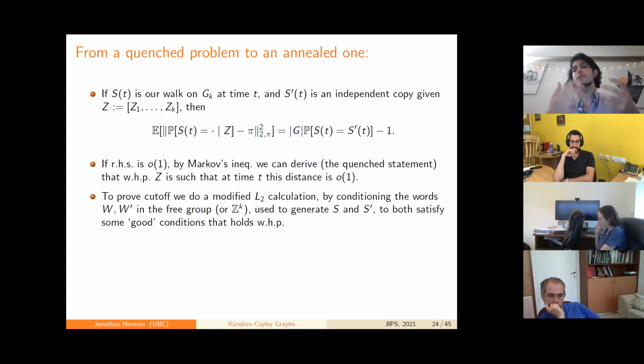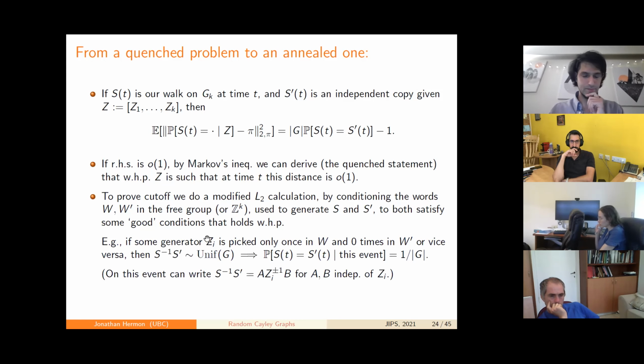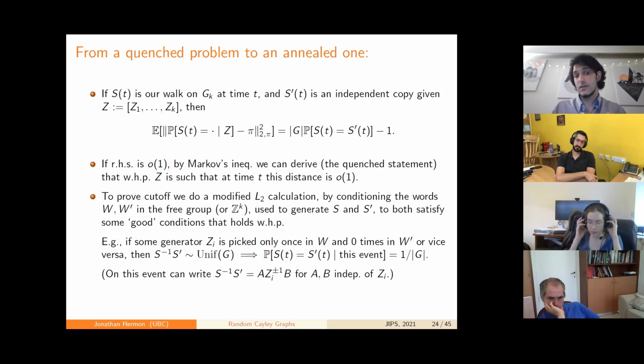So it's harmless for us to condition on this to happen. For instance, one example that is not going to be relevant for the results in this talk is that there is some generator, Z_i, that is picked only once in W and 0 times in W prime or vice versa. So assume that this happens.